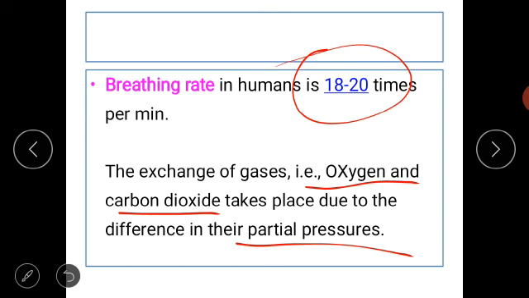It is called partial pressure. Partial pressure means the pressure applied by the oxygen or carbon dioxide in the mixture of gases. Let me repeat. When a particular gas, for example oxygen, applies pressure in the mixture of gases, it is called partial pressure.